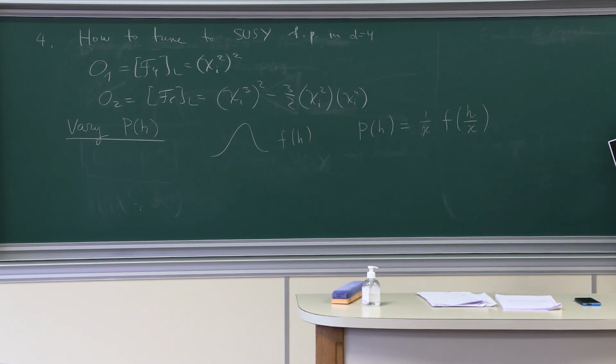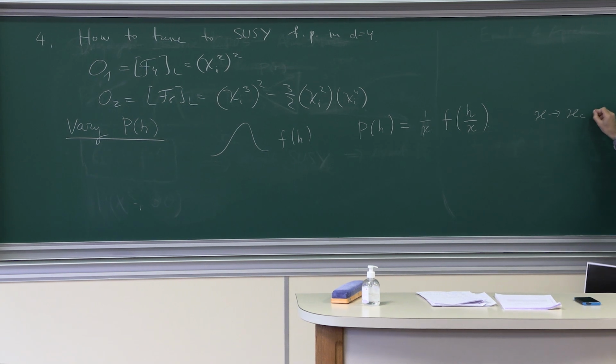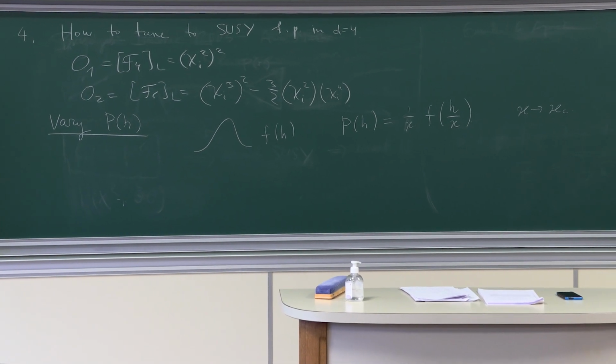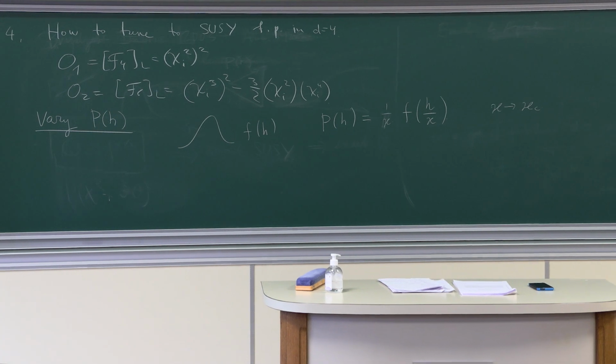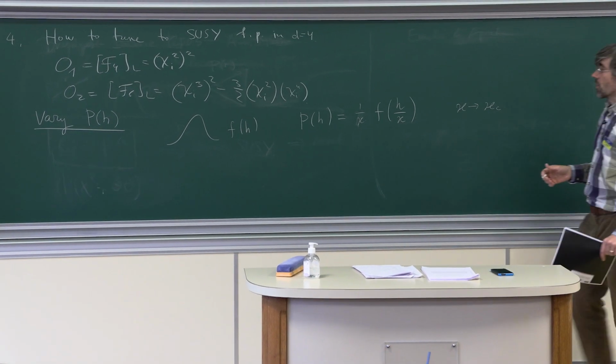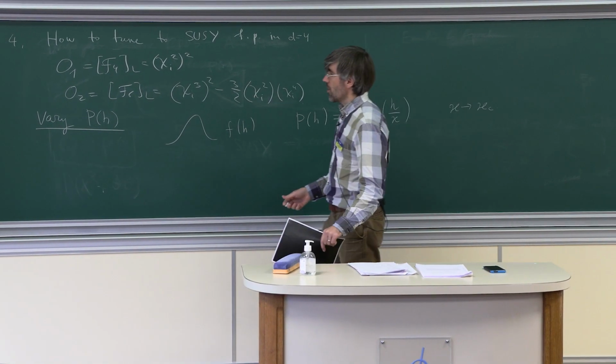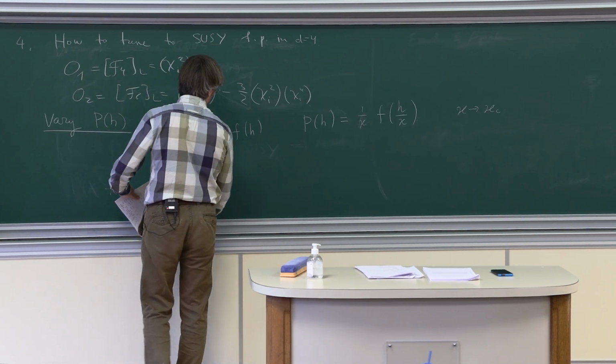Then by this sort of rescaling, you have to find kappa going to kappa critical in order to find the phase transition. That's the first thing that you should do for any disorder distribution. So that's already one variation of P of H that you always have to do.